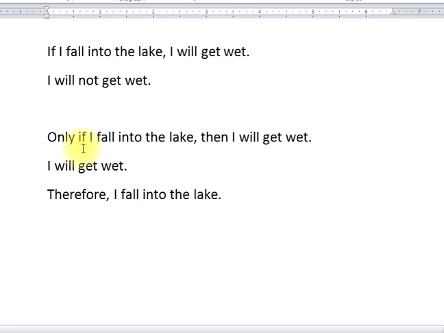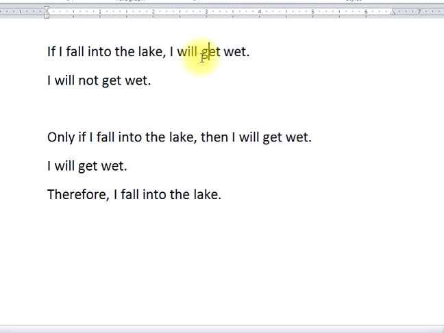All right, it gets a little tricky, but just remember that if one comes to you with a major premise, if A then B, and then affirms A in the minor premise, you have to have B, because the promise was if you have A, you get B. And if one comes to you with the major premise, if A then B, and then says no B, then you can't have A, because if you had A, you'd get B.